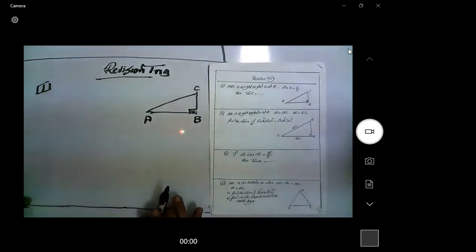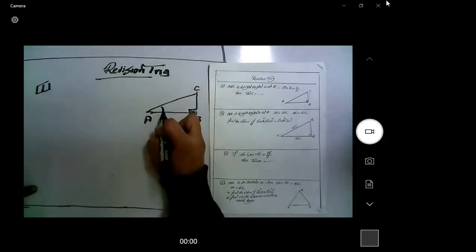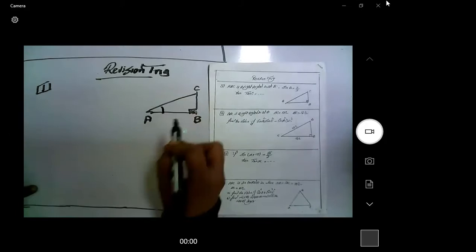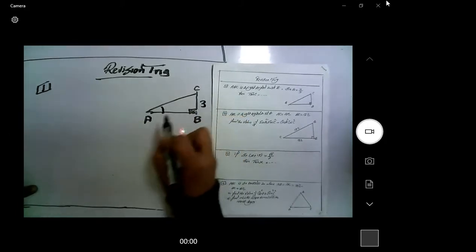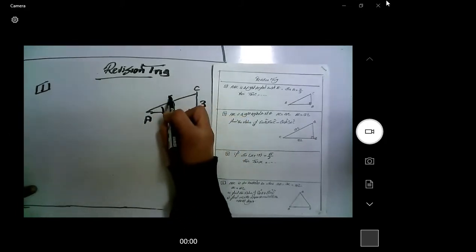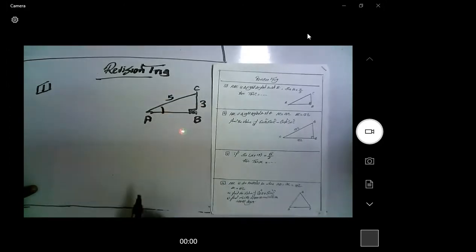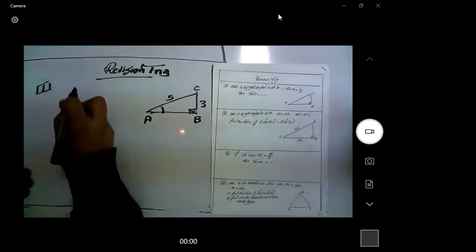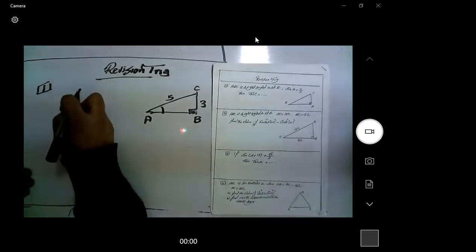Tan of an angle equals opposite over adjacent. Here in this question, sine angle A equals 3/5. This is angle A. Sine angle A equals 3 opposite over hypotenuse 5. What's the question? The question is getting tan angle C.